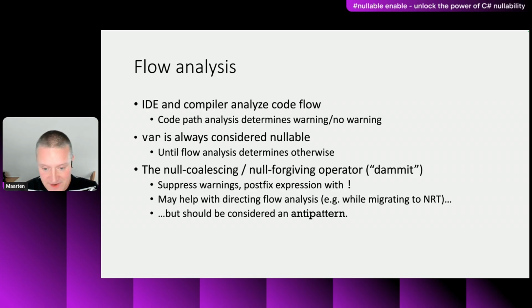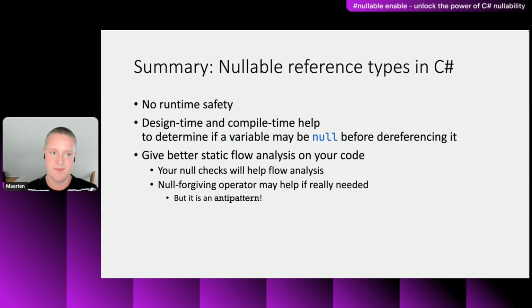I would highly advise you against using this exclamation mark or this null forgiving operator, because you're actually lying to the compiler. You're lying to yourself when you are working in this code base a couple of months after you first wrote the code. So consider it an anti-pattern. It is, however, quite useful when you're migrating to nullable reference types, where sometimes you might want to have this just to suppress a couple of warnings while you are working on the code. But ideally, your code should not have suppressions.